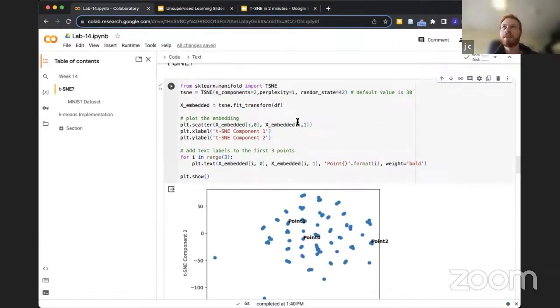So that's the big difficulty in unsupervised learning. We never really know when we're correct, and what the true number of clusters is in the data.